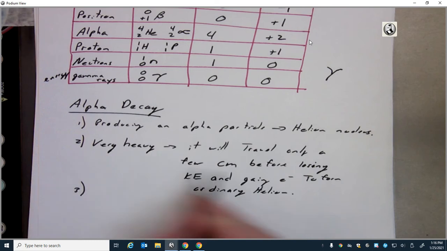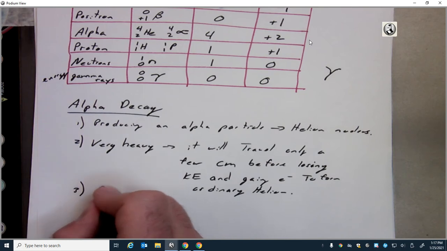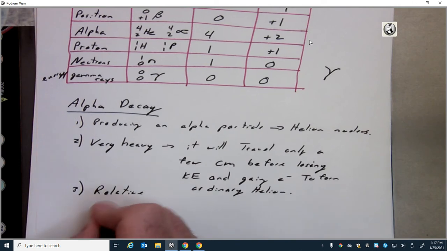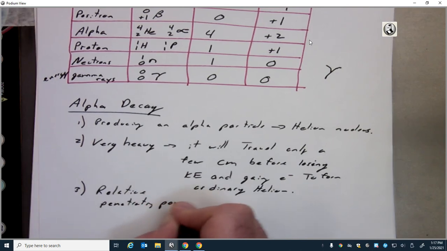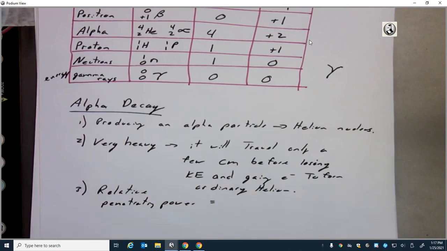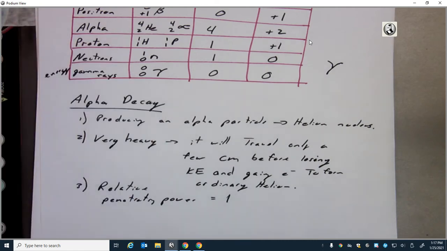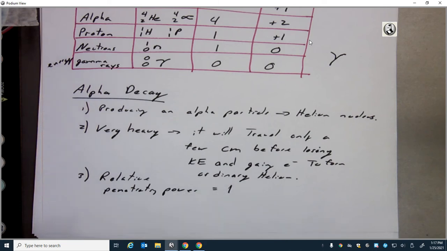Because it doesn't move very far, because it's so heavy, its relative penetrating power is equal to 1. And I will give you these numbers as we go through. So it doesn't penetrate very far. If you have to get irradiated by some type of radiation, not that any type is good, this is the one that is going to hurt you the least, because it has a relatively low penetrating power.